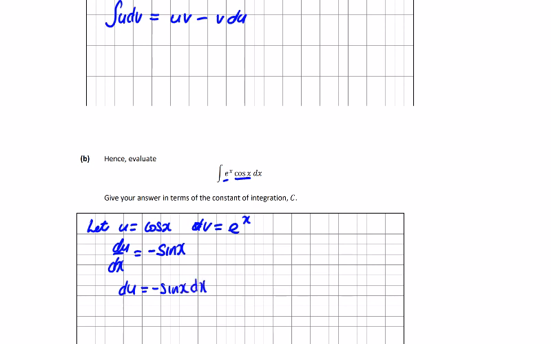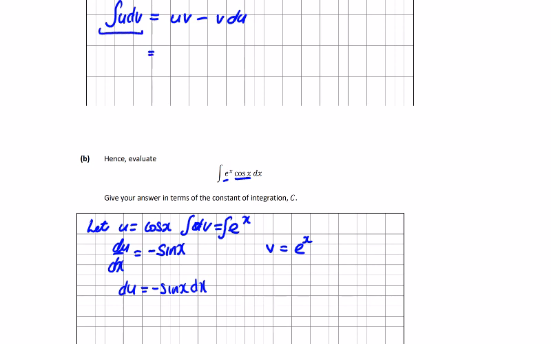And if dv is equal to e to the power of x, if we integrate dv, we get v is going to be equal to the integral of e to the power of x, which is e to the power of x. So we rewrite our expression as we've separated into u dv.